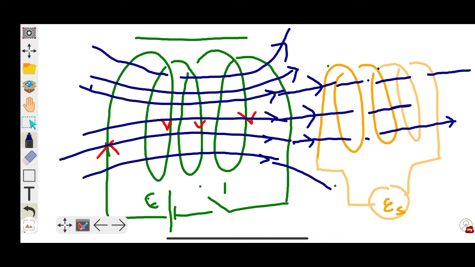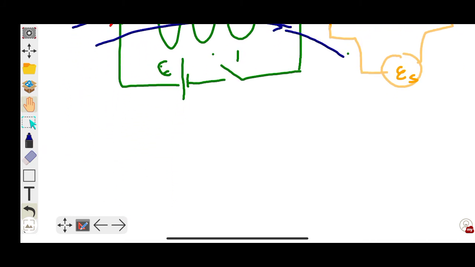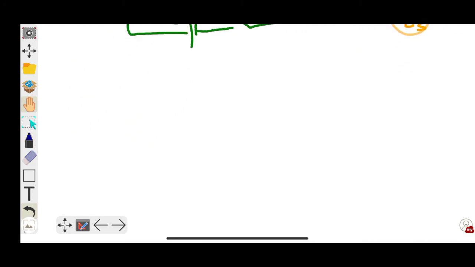EMF will be induced in the second coil also. So I'll write first the expression for EMF in the second coil. So I'll write EMF induced in one turn of the secondary coil.